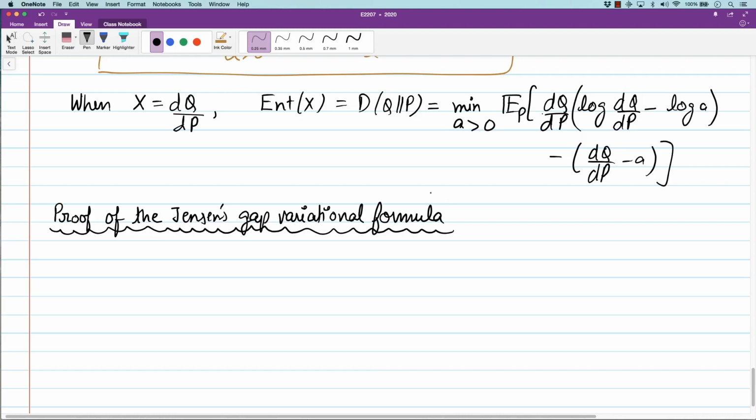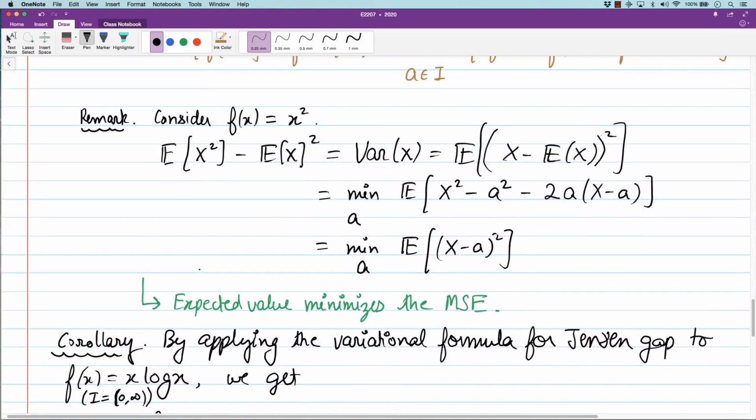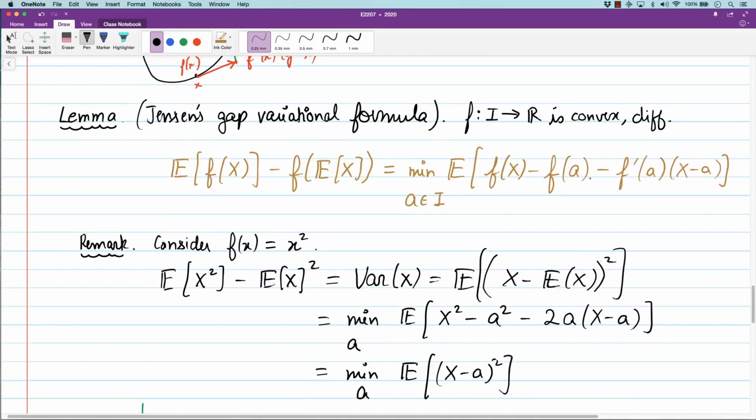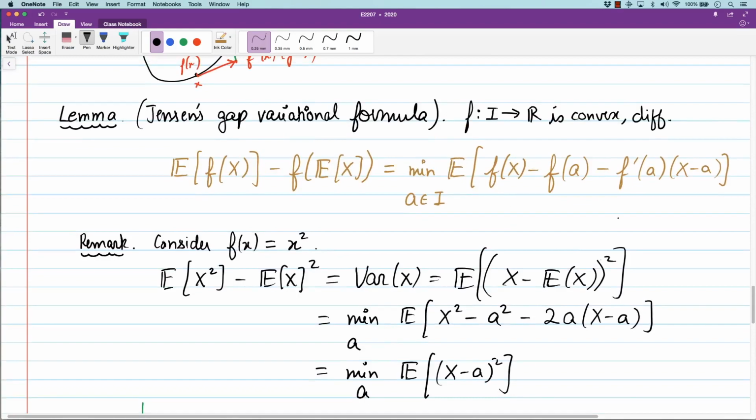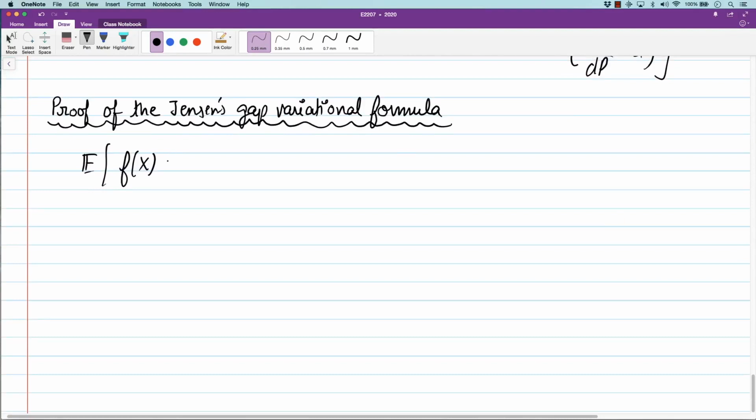So for the Jensen's Gap variational formula, how do we show this? Since this is a generalization of the proof of the fact that the expected value minimizes the mean square error, we'll follow a similar proof. We will take the difference between the Jensen's gap, this right side here, for A equal to expected value of X. So f(x) minus f(A) minus f'(A)(x minus A).